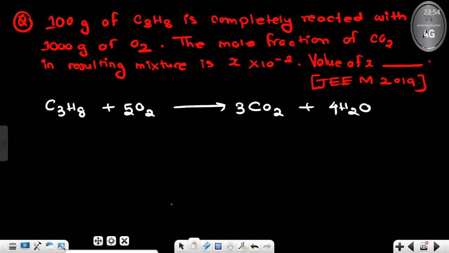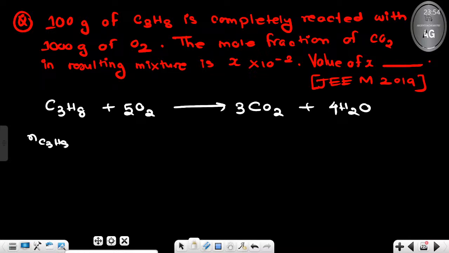Now we have to see what is given in the question. 100 gram of C3H8 completely reacted with 1000 gram of O2. Now will 100 gram react with 1000 gram or not, that we don't know. So we have to check if there is a limiting reagent in this reaction. Who is the limiting reagent? How will you find out the limiting reagent? There is one condition. So first let's find out the number of moles of C3H8.